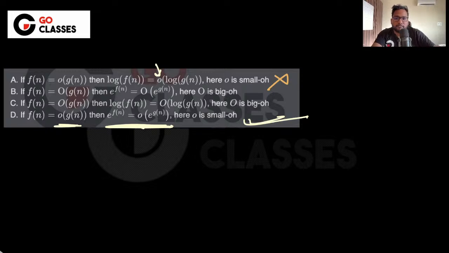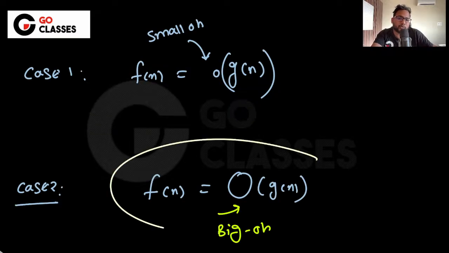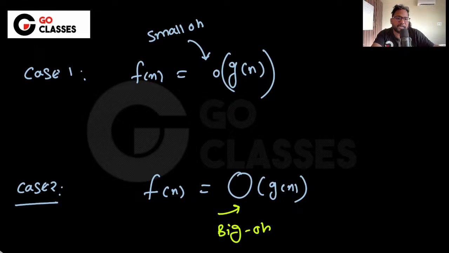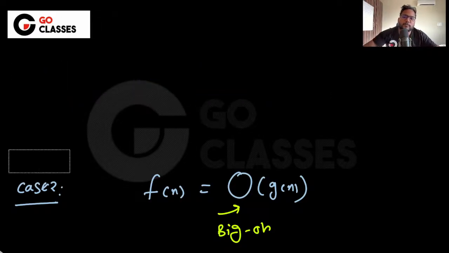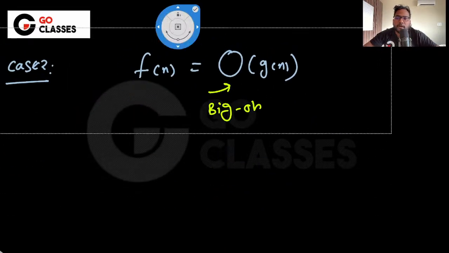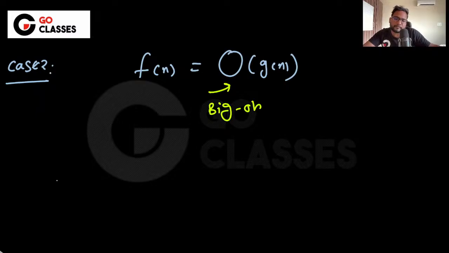Now, let's come to the second case where it is big O. Let's go to this case where it is big O. In that case, what will happen? Let me just tell you. Suppose the relationship is big O. Now, if you take the log, then what will happen?